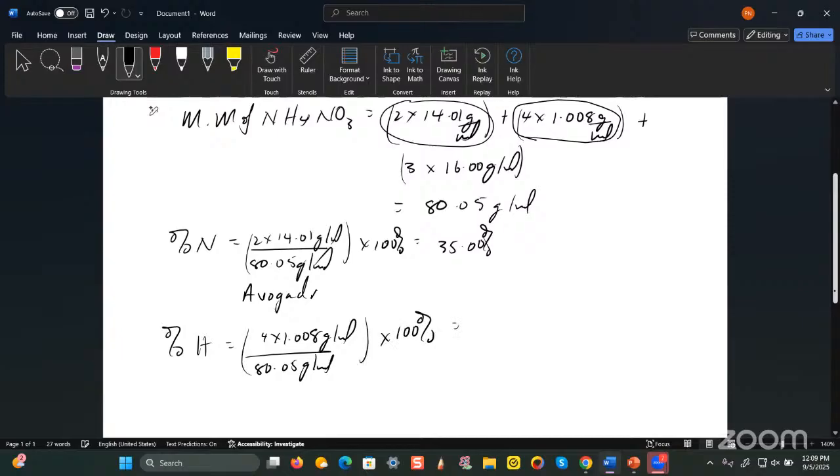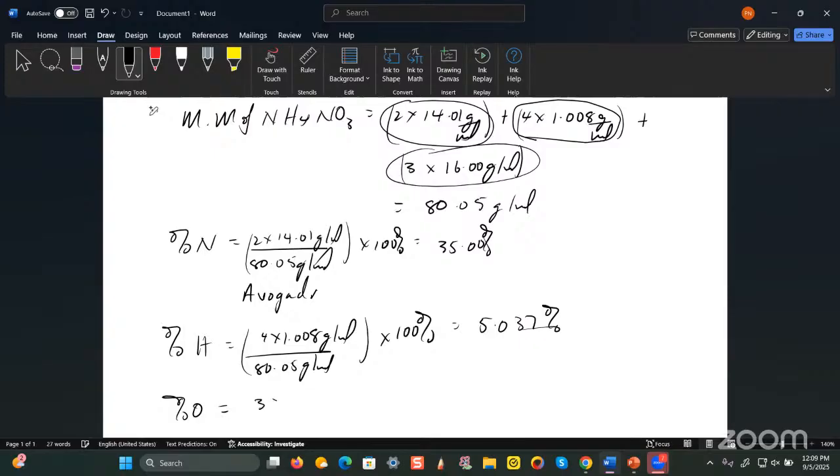And let's see what that gives. 4 times 1.008 divided by 80.05 times 100. And I got 5.037%.